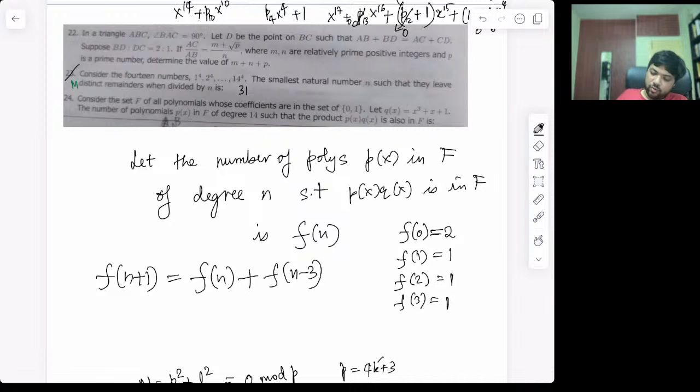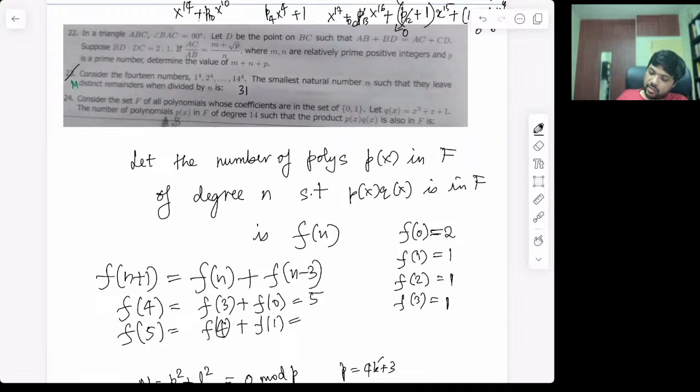So for example, f4, put n equal to 3, is f of 3 plus f of 0, which is 5. And f of 5 is f of 4 plus f of 1, which is 6. F of 6 is f of 5 plus f of 2, which is 6 plus 1, 7.